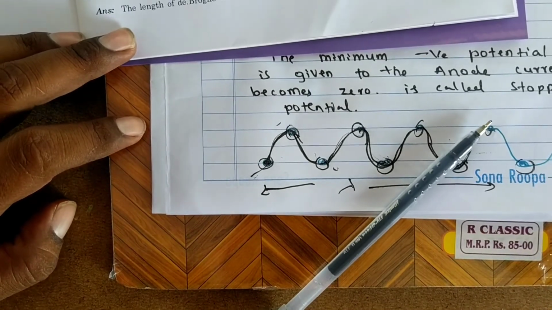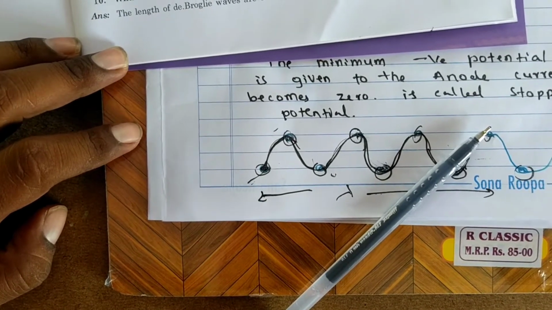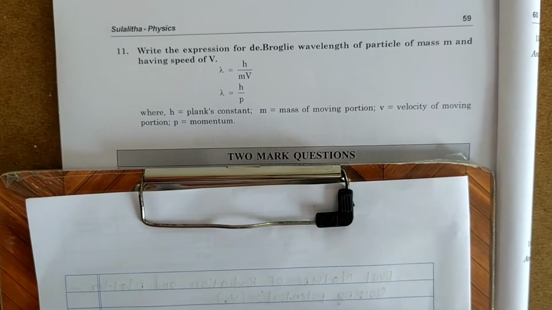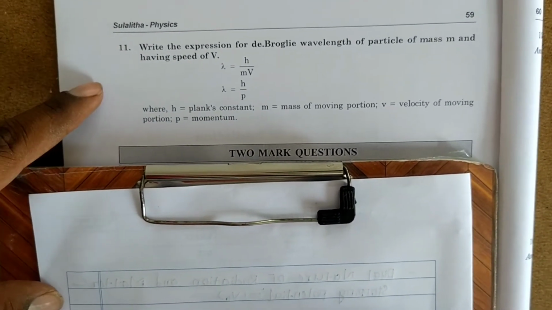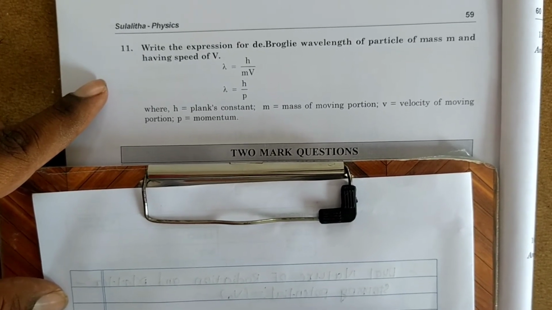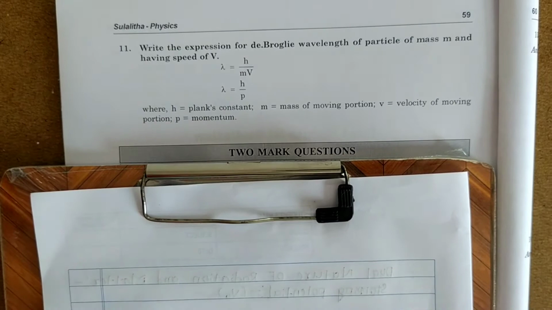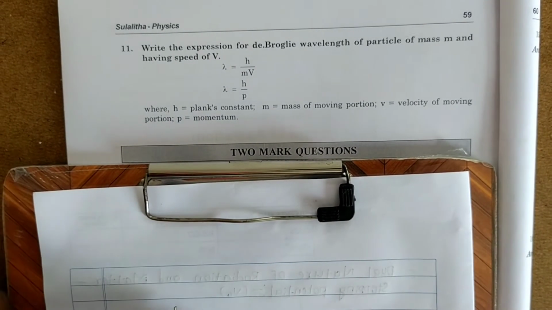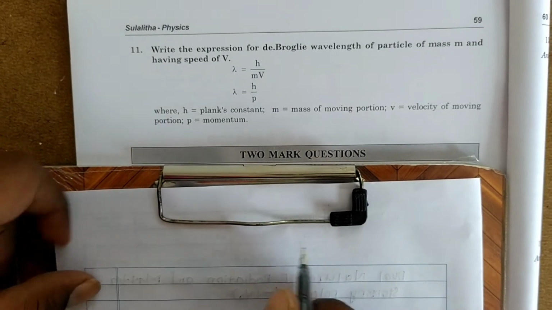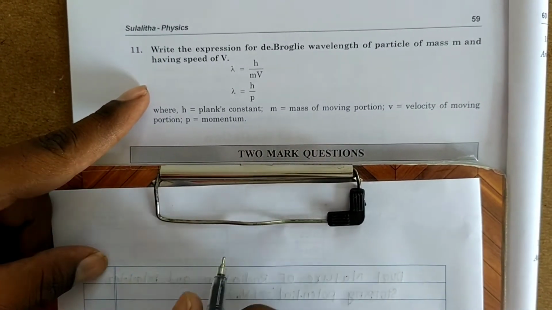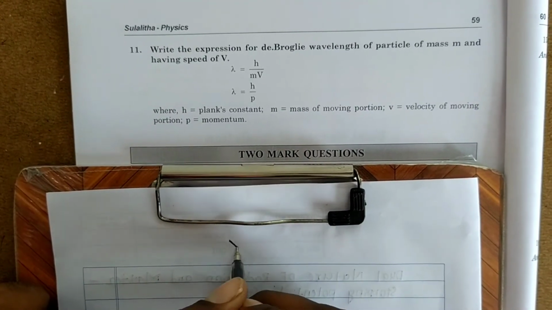Next one, question number 11. Write the expression for de Broglie wavelength of a particle of mass m and having speed v. De Broglie wavelength is denoted by the symbol lambda.